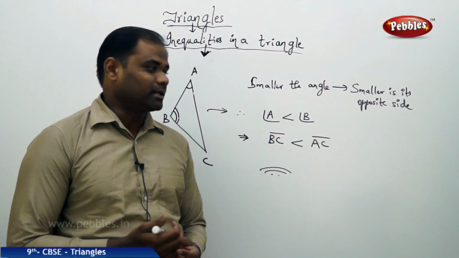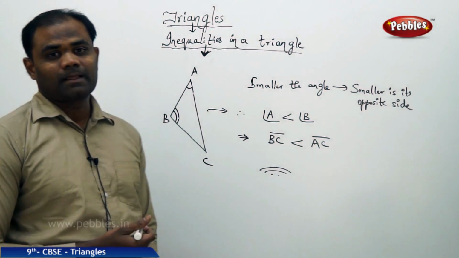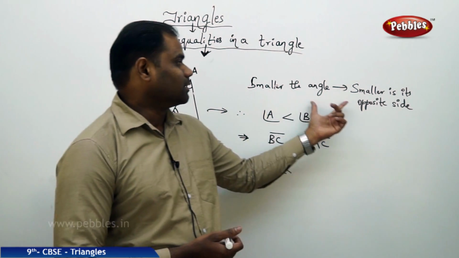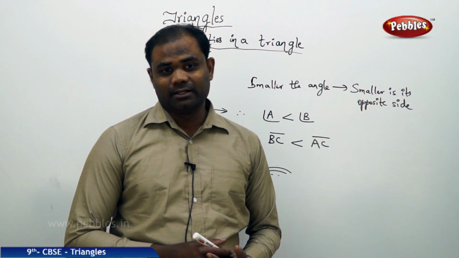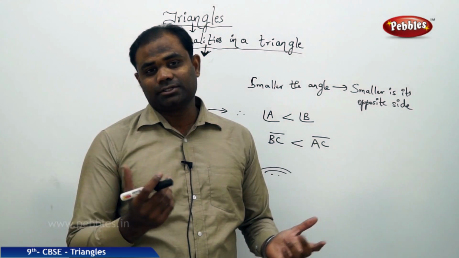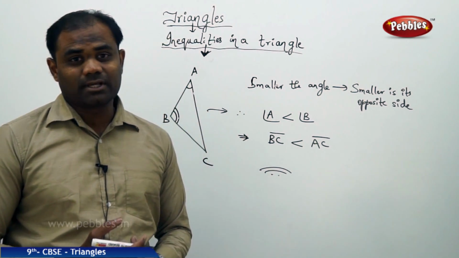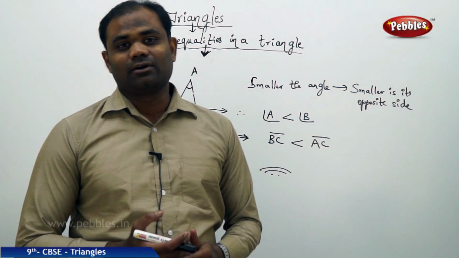This is how we connect the property: smaller the angle, smaller is its opposite side; larger the angle, larger is its opposite side. This is how we understand the concept.